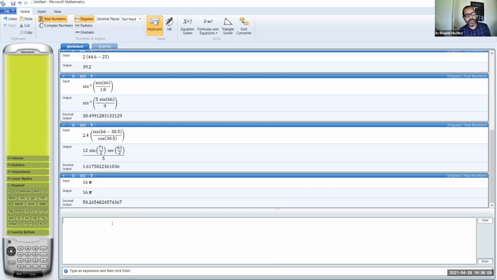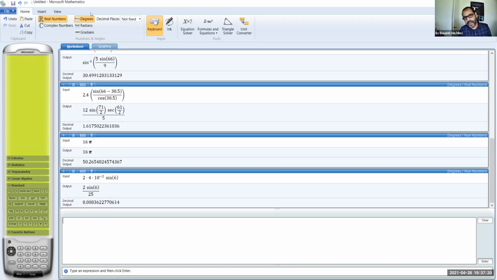So in the calculator, I need 2 times 8 and 2 times 4, which is 8, times 10 to the negative 2. This calculator uses the same thing as you use by hand. If you look at the top, it's in degrees, so it's fine. So 6 degrees gives me 0.0836.